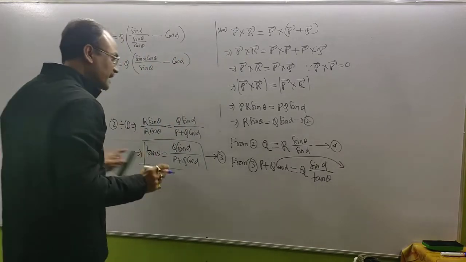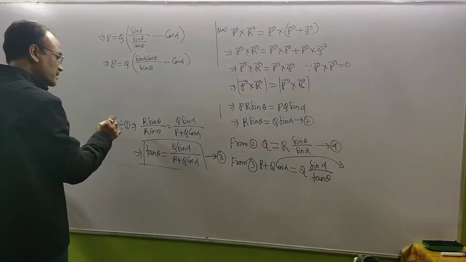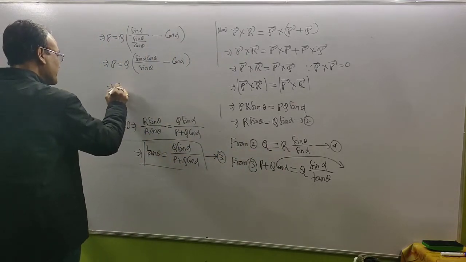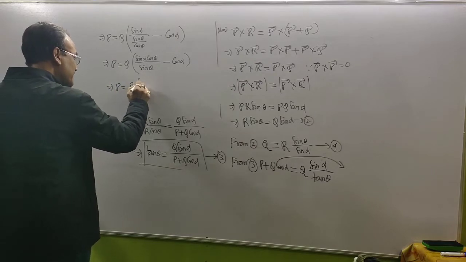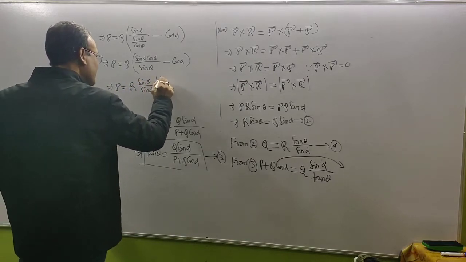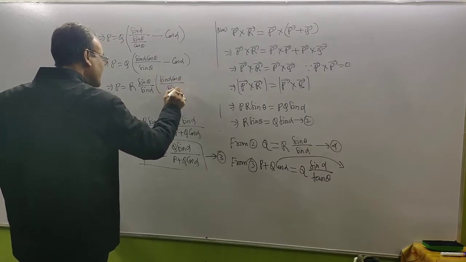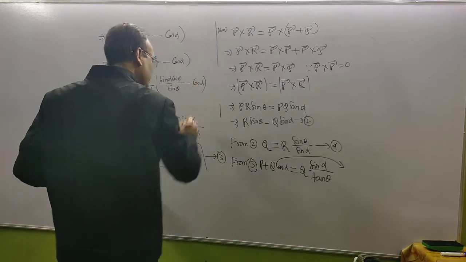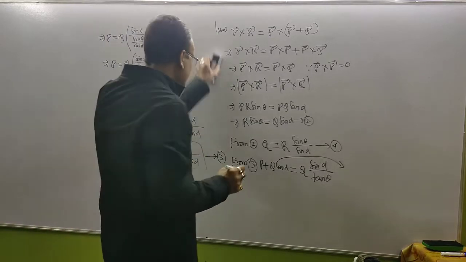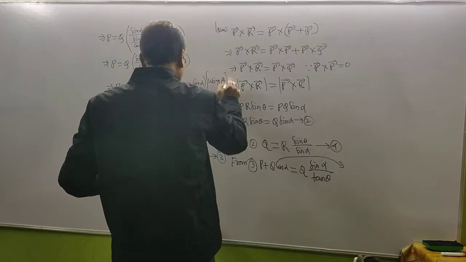Now, from 4, replace Q by R sin theta by sin alpha, sin alpha cos theta by sin theta, minus cos alpha. Using 4, you may write like this.